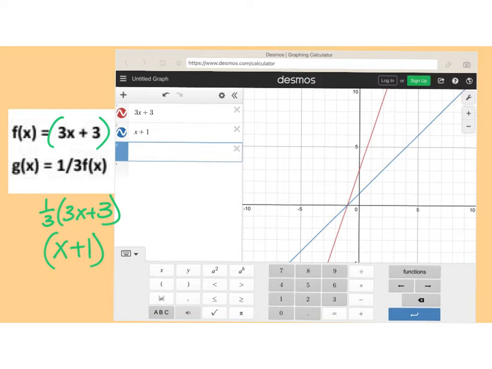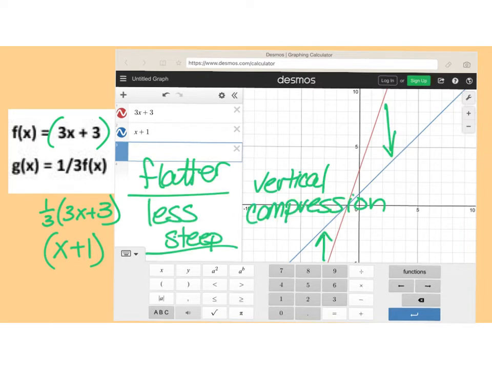So we can say it got flatter or less steep. Right? And because that happened, this is a vertical compression. It got less steep because that line got squished down. It got squished in. Remember, to compress something means to push it in or make it smaller.